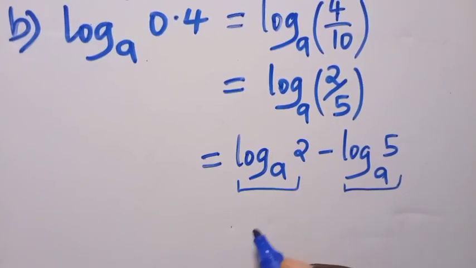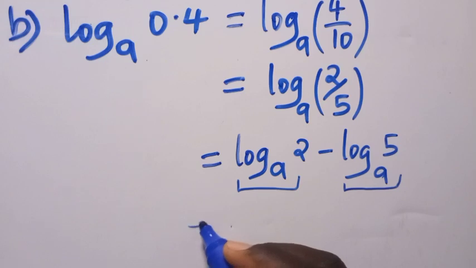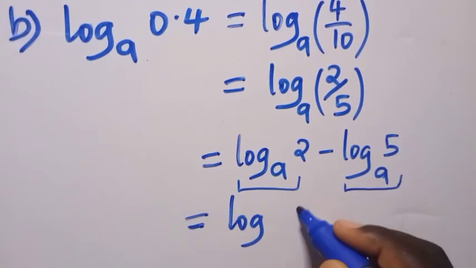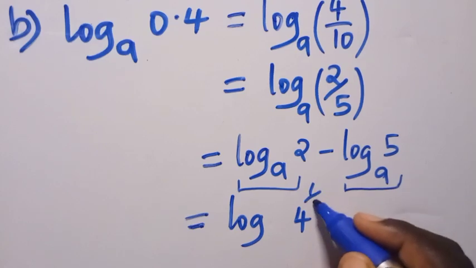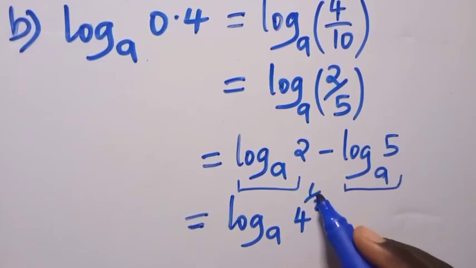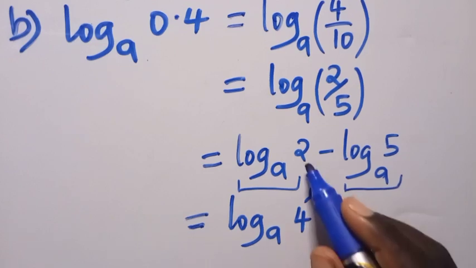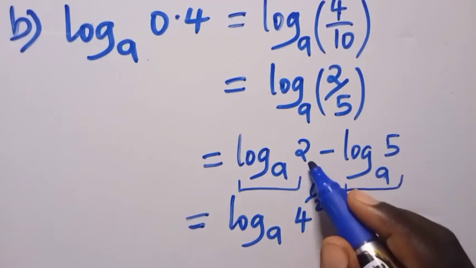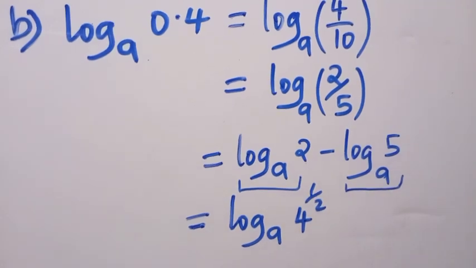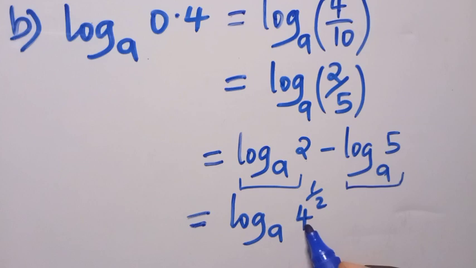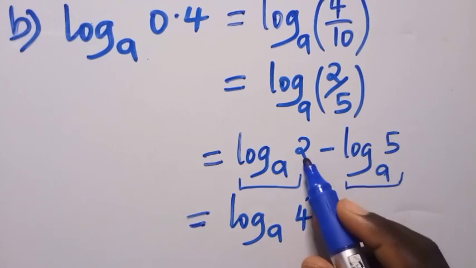Now, 2, I can write it this way: the logarithm of 4 raised to a half, to base a. 4 raised to a half is 2, because 4 raised to a half is the square root of 4, which is just the same as 2. Therefore, I have not changed anything. I just want to ensure that I have either 4 or 5 here.